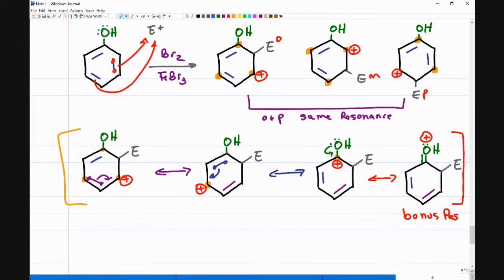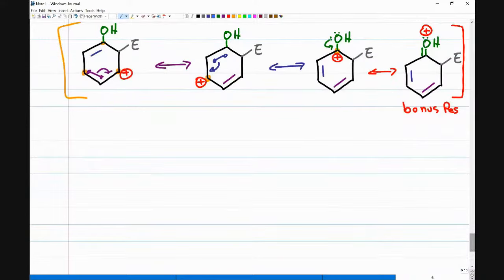Well, think about it. If the intermediate is positive, then I have positivity resonating in the ring. If I bring negativity or electronegativity next to the ring, then they will stabilize each other. Opposite charges attract, and having a negative outside the positive intermediate will help it. The OH is considered an electron donating group.